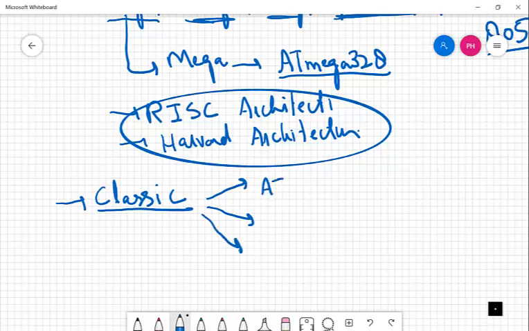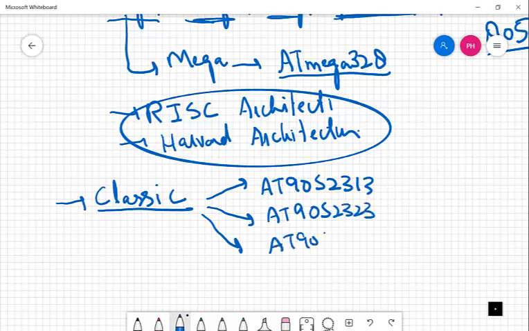We had AT90S2313. You don't have to remember these microcontrollers, these are just names, and you will always find these in books. AT90S2323 and AT90S4433.